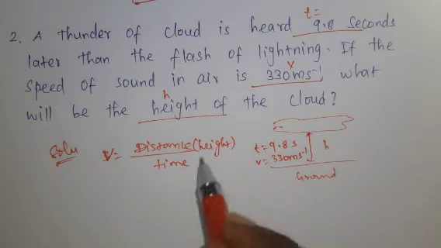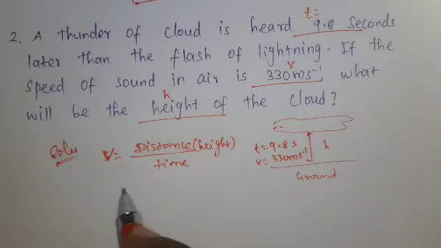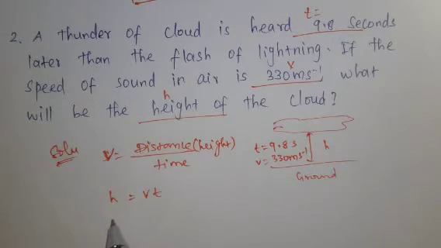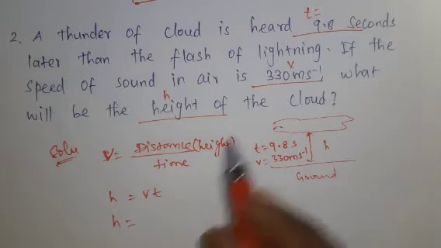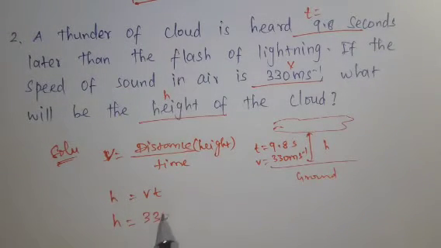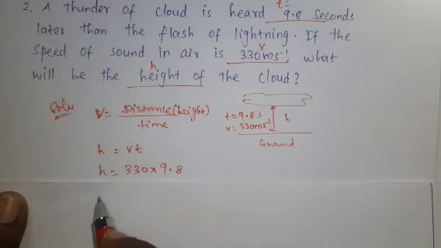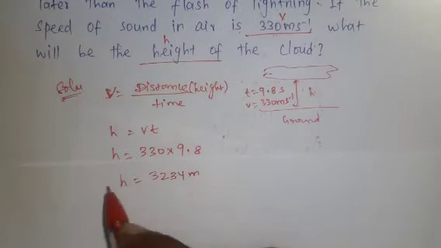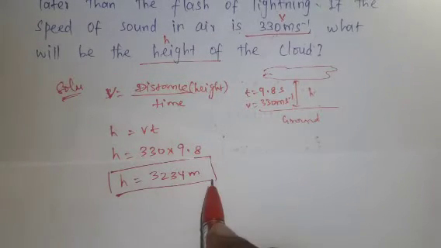To find the height, h will be on one side, and velocity or speed into time, vt. Now h is equal to v, the given 330, the speed of sound, into time, which is given as 9.8. If you multiply, we get 3234 meters. This is the height of the cloud from the ground.